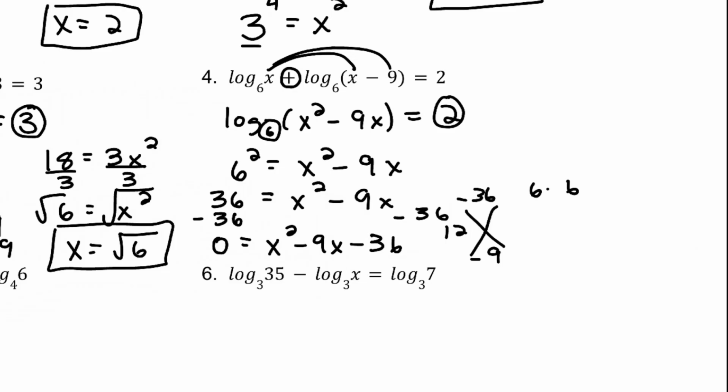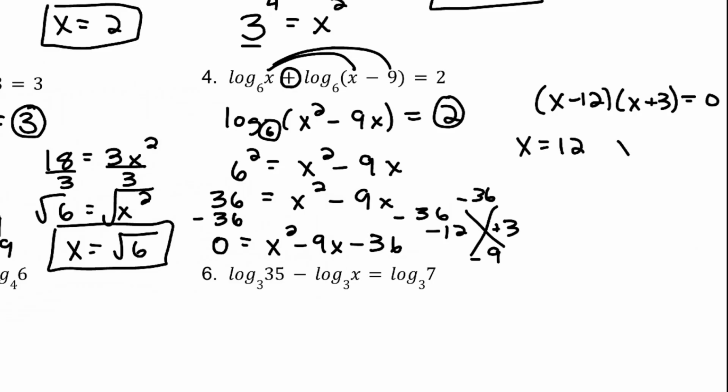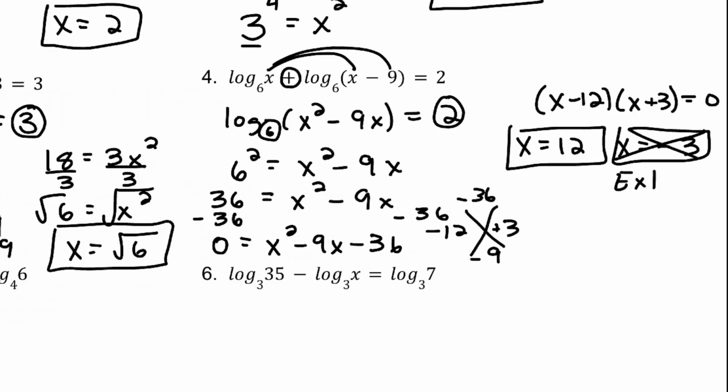Negative 12 and 3, because I want to add to negative 9. So I get x minus 12, x plus 3. And so I get x is equal to 12, x is equal to negative 3. And if you plug in the 12, we're okay. But if you plug in the negative 3, this will become a negative, this will become a negative 2. So this would be extraneous.